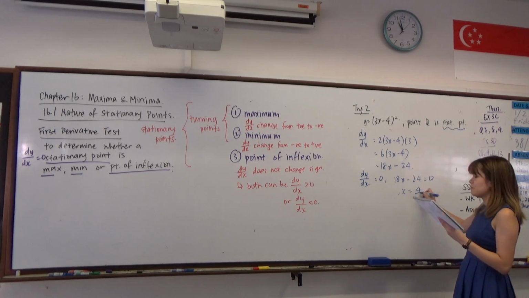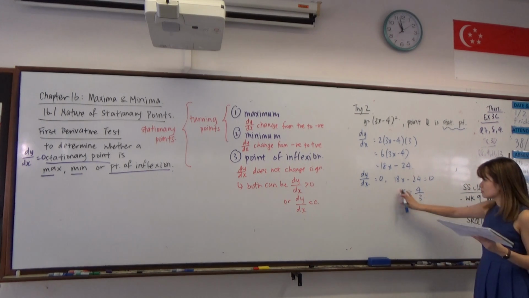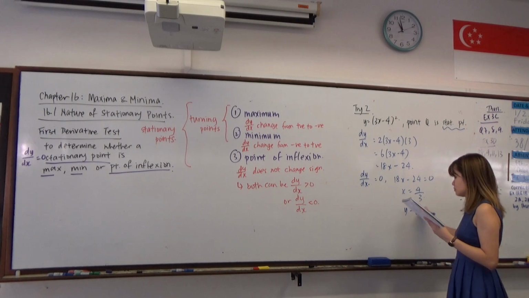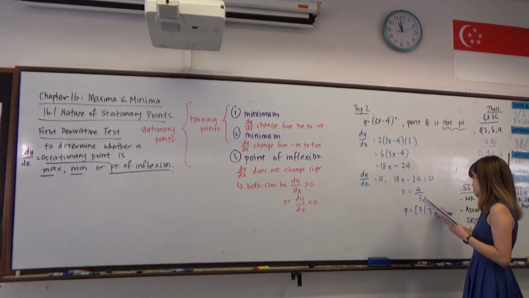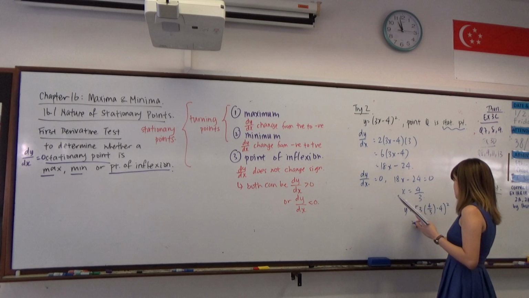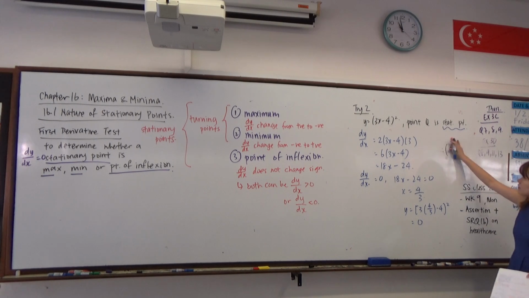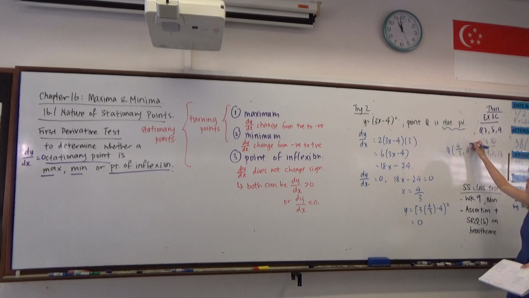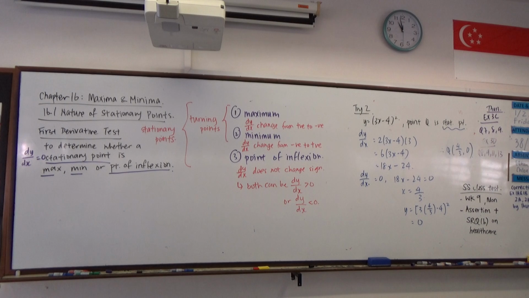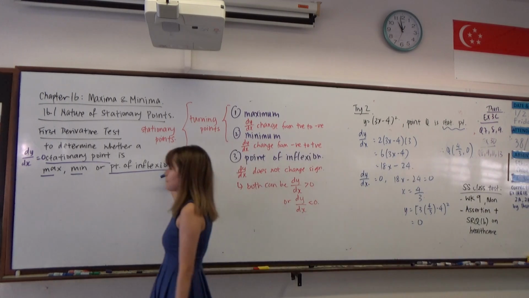Your x would be 4 over 3, and y is equal to 0. So therefore, the coordinates of Q will be 4 over 3 and 0, or 1 and 1/3 and 0 also.